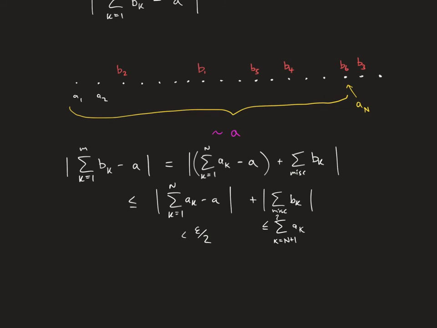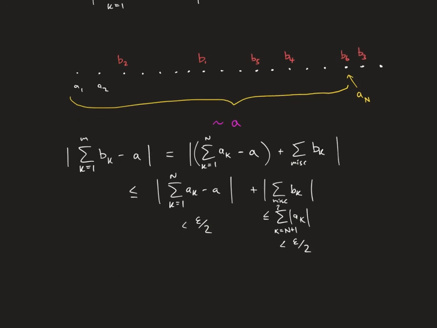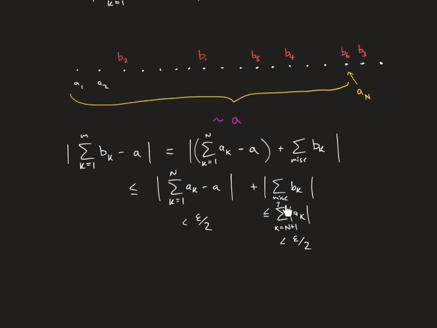So the sum of the absolute values of a_k, I know I can make that less than whatever I want just because the associated series is converging. As long as I take this N far enough out, I'm going to be able to make this tail small. And then the sum of those epsilon over 2's is going to be epsilon. So I can control everything here.